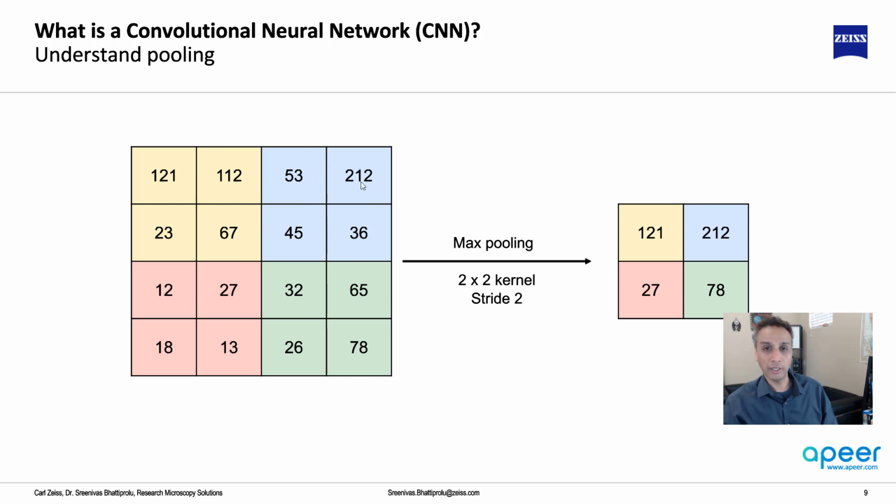So I'm moving to here, right? So here the max is 212. And down here, the maximum is 27. Down here, the maximum is 78. There you go. So after max pooling, the size of the image decreases. Let's say this is the filtered image. And after max pooling, the size went down by 1/4 in this case. So this is max pooling.